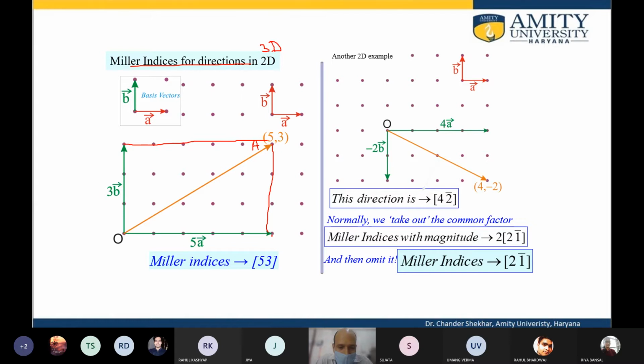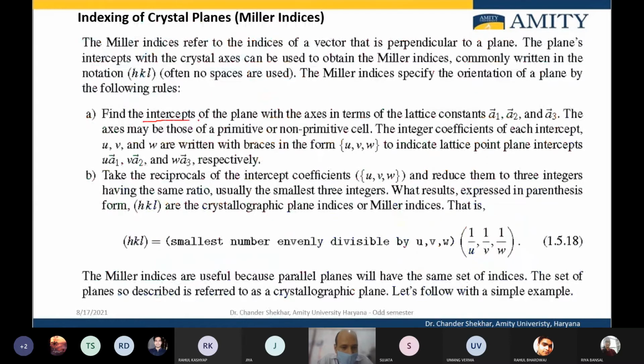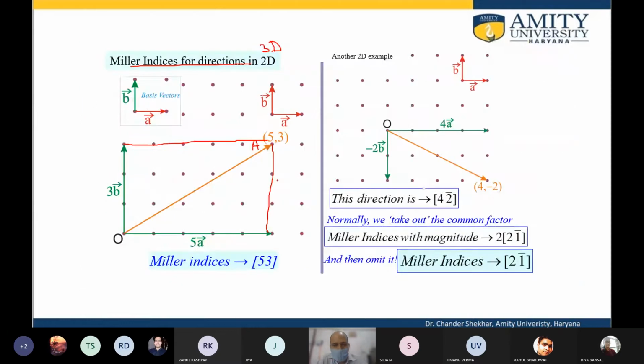So what will we find first? The intercept along the axes in terms of the lattice constants A1, A2, and A3. Suppose along the x-axis there is 1, 2, 3, 4, and 5, so there are 5 A units.